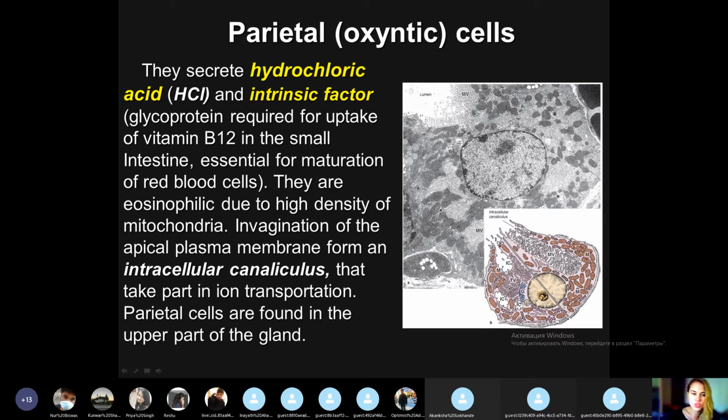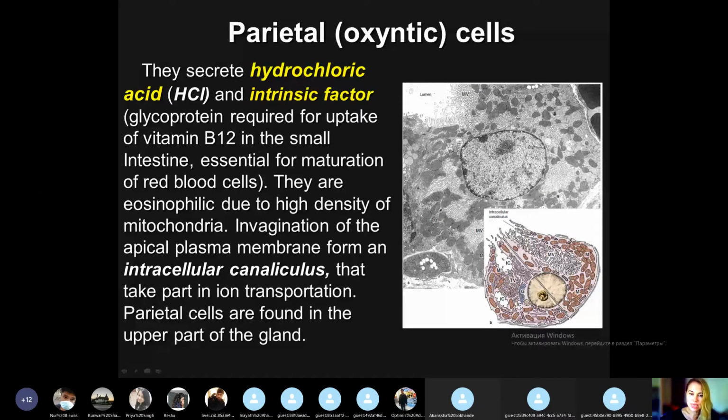Now let's focus on the structure of the parietal cells. In the cytoplasm of the parietal cells, we can see numerous mitochondria, which give oxyphilia to the cytoplasm. Also, we can distinguish these cells by intracellular canaliculi. These intracellular canaliculi take part in the transport of the ions. We mentioned before that the parietal cells secrete hydrochloric acid.